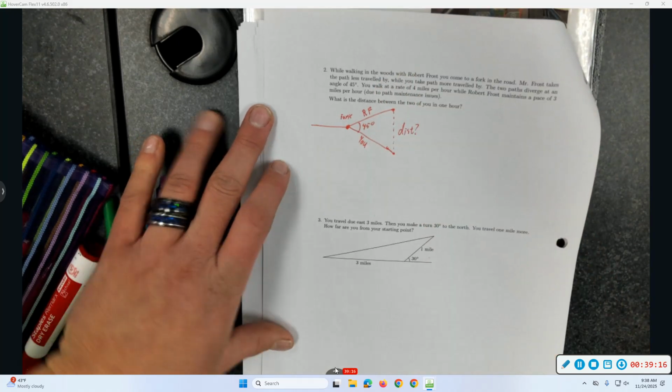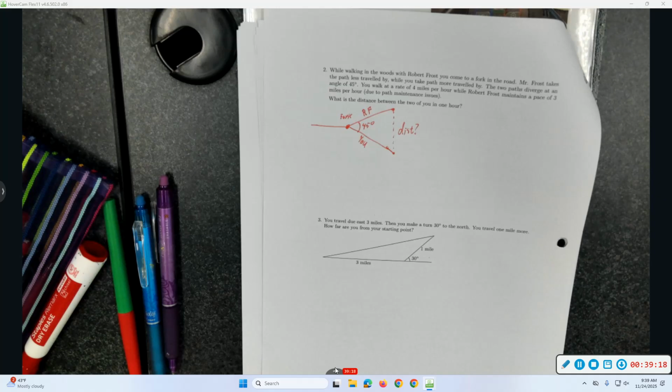After 1 hour, you want to know the distance between the two. So there's a diagram that has some of the information. What else could we add to that diagram? The lengths of the two lines that are drawn. How far are they? 4 miles and 30 miles, because you're traveling 4 miles per hour for 1 hour.